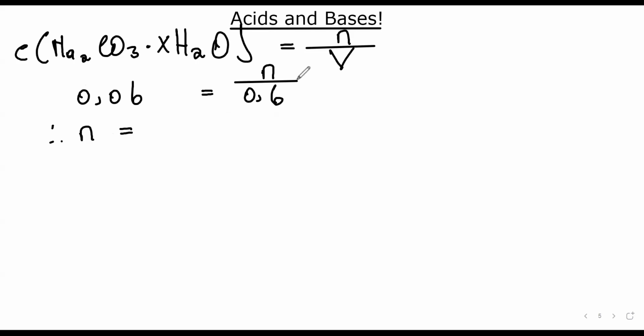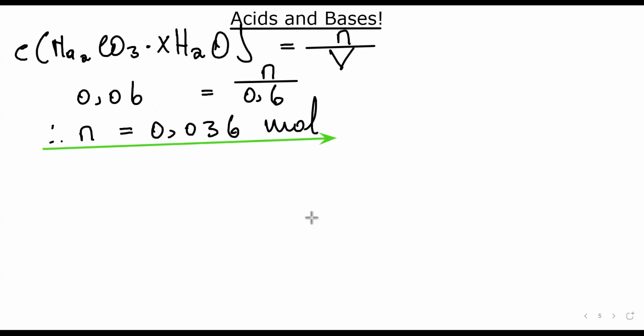And when you cross multiply, you find that 0.036 moles of this entire compound was dissolved.